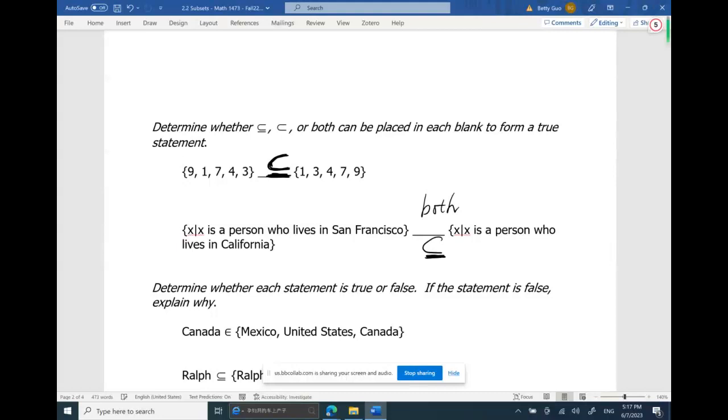But people who live in California don't necessarily live in San Francisco. So this is a proper subset. But we could also use the subset notation to connect the two sets. So basically, we could use both. If you see a problem like that in math, knowing you should choose both, because both of them would make the statement true.